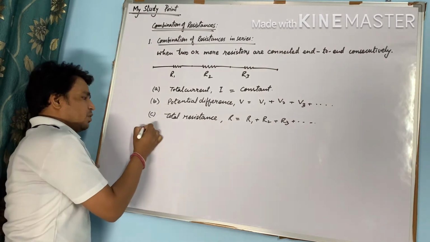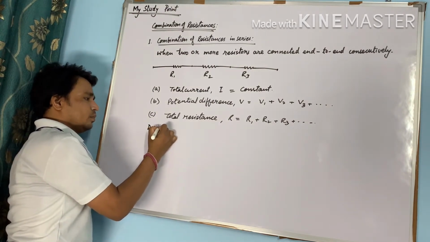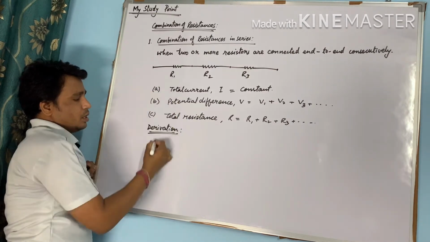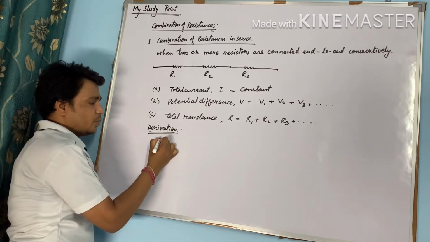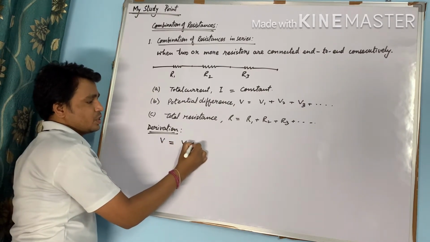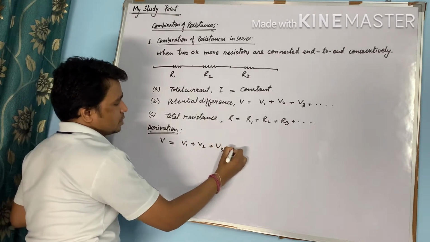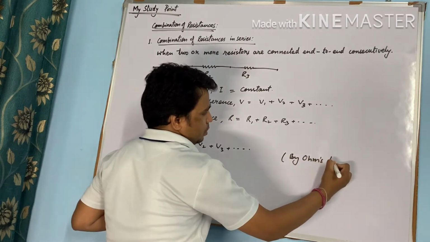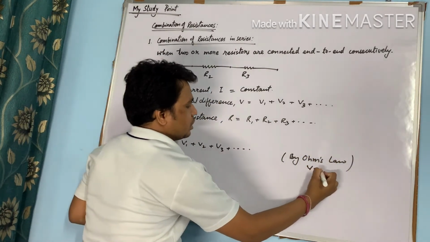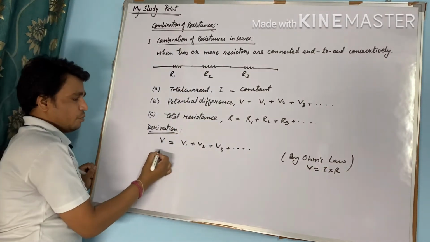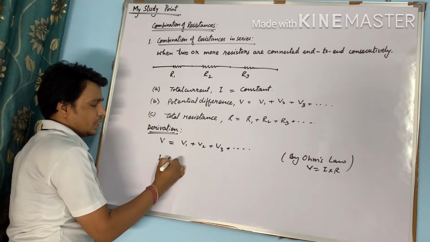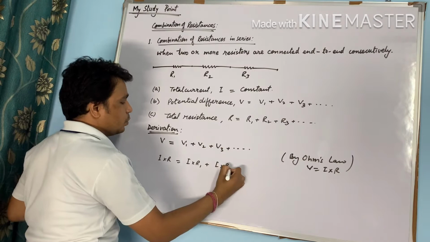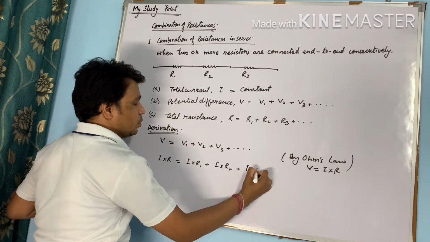Let us see the derivation of this formula. In series, total current is always constant, but the potential difference is V1 plus V2 plus V3 and so on. By Ohm's law, V is equal to I into R. So V can be written as I into R, V1 as I into R1, V2 as I into R2, and V3 as I into R3.